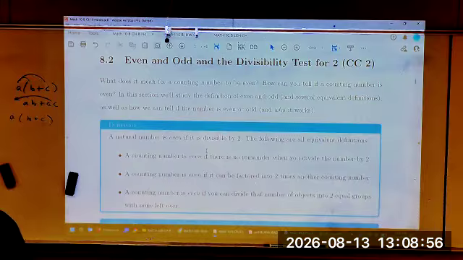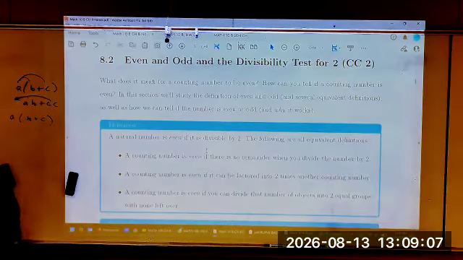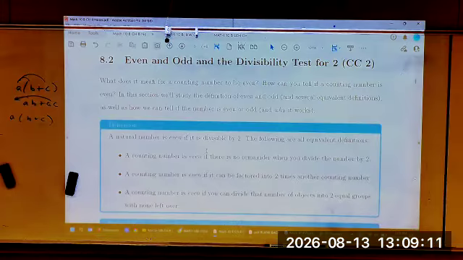Anybody else? If you put 0 on a number line, what do you think?